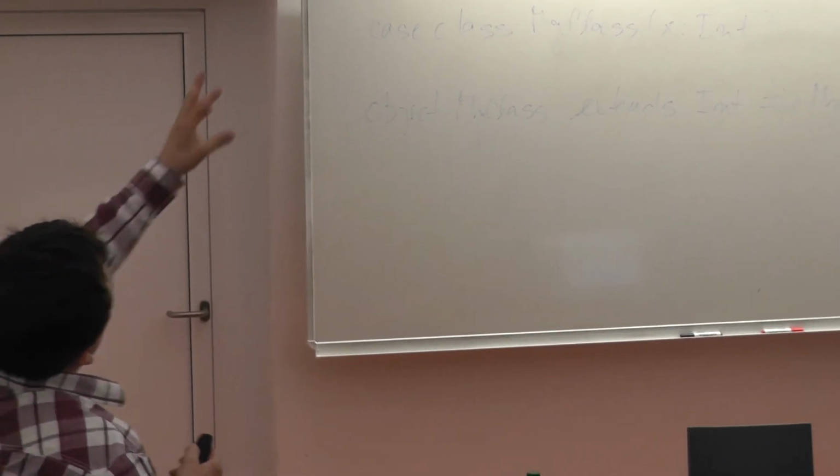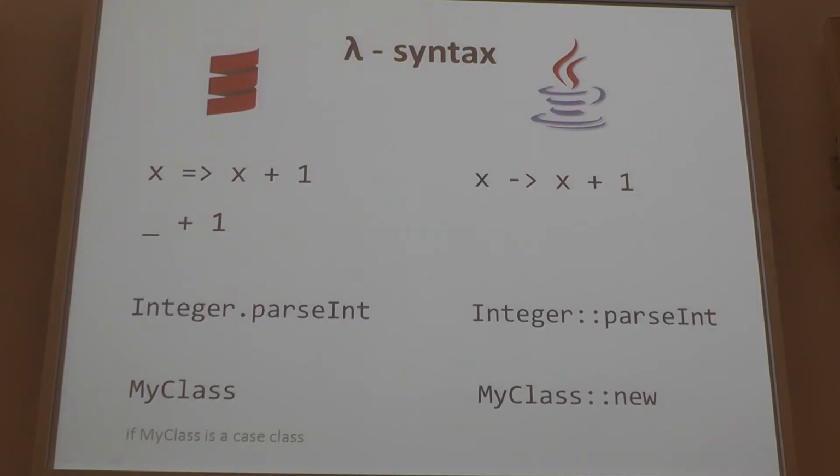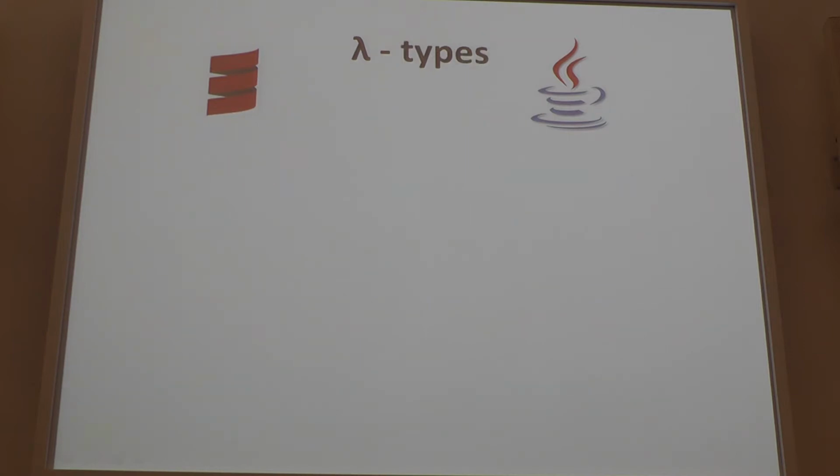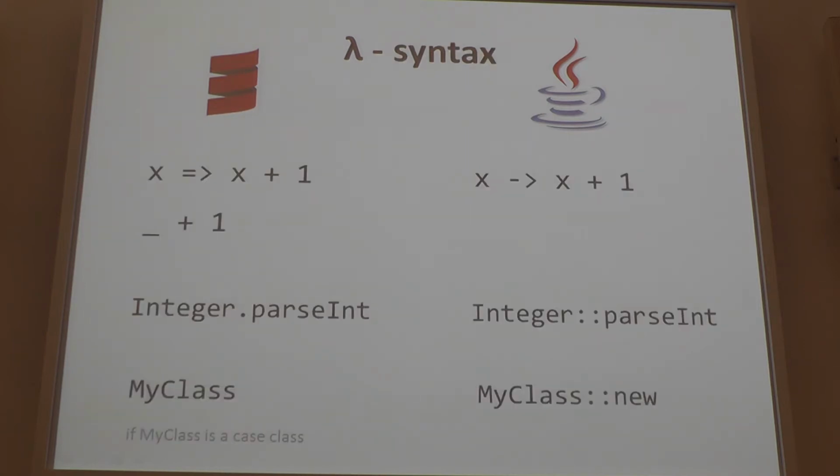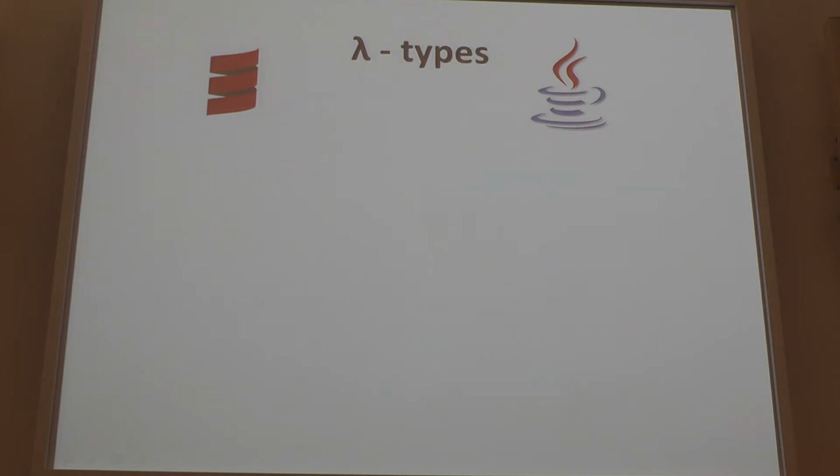So as we've seen here, these expressions don't say very much about the type, or don't say what type X is, for example. And that's something Scala and Java 8 have in common, and we'll look at what is the type of the lambda expression or the function.